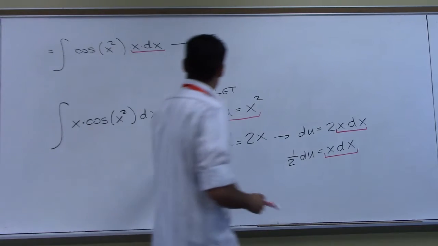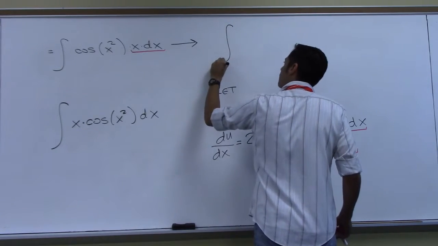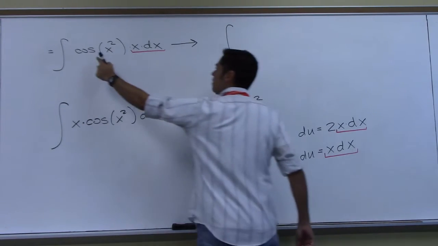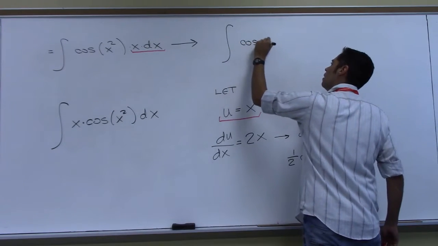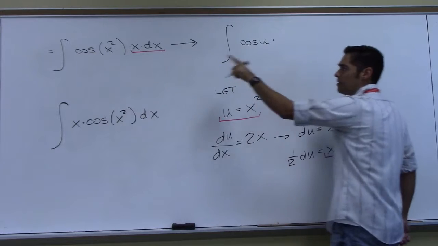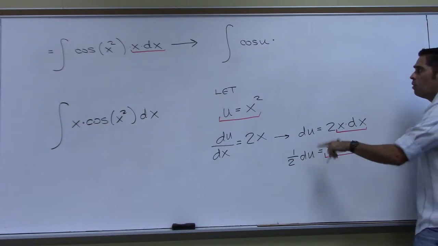Here's what it is. Cosine of u, so cosine u, times, and then the x dx we said was 1/2 du.